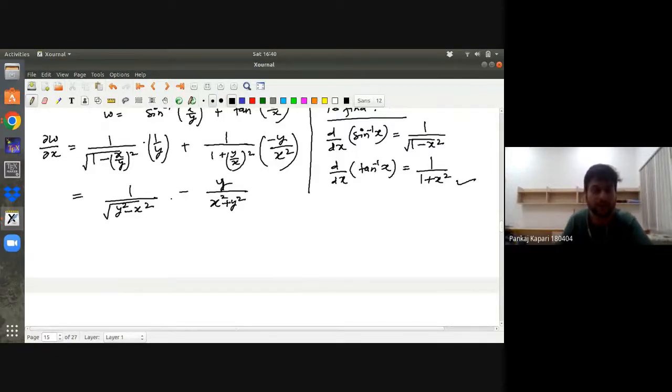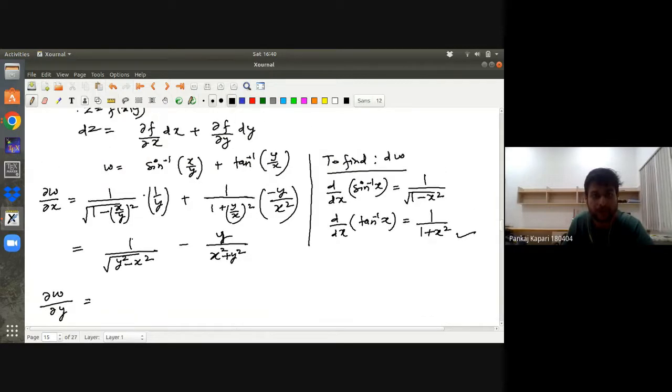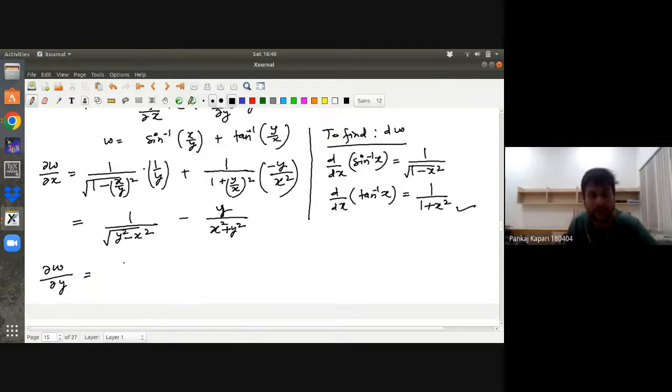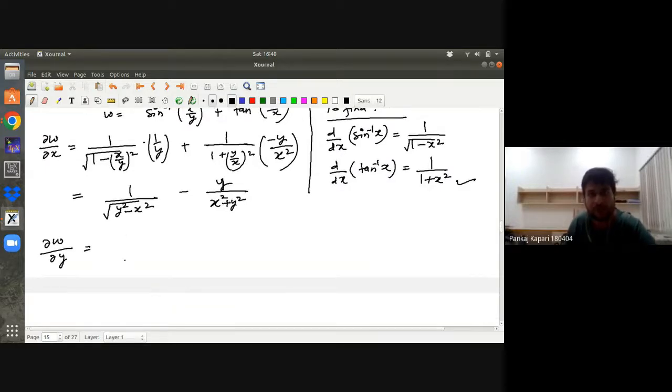Okay, now let's find the derivative with respect to y. Again, same thing. Just apply the chain rule with this function and use these two identities, 1 and 2, the derivative of sine inverse and tan inverse.